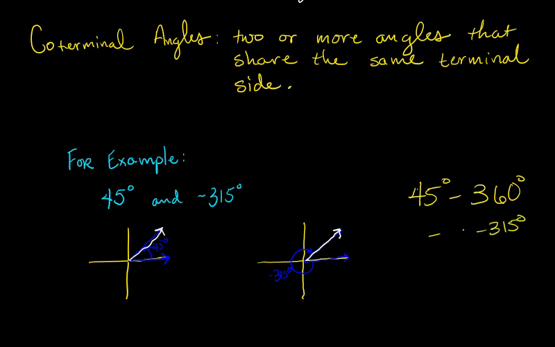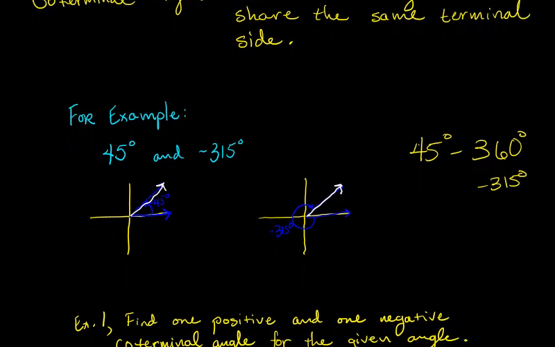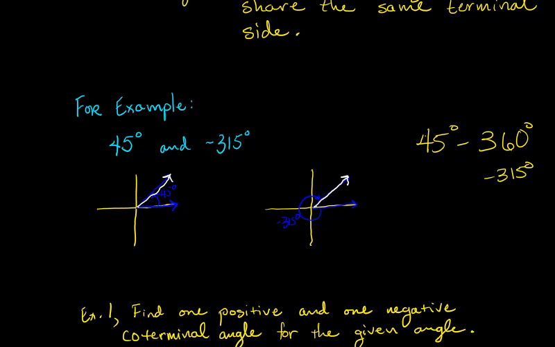So the way that we find coterminal angles is we either add or subtract full revolutions. I didn't do 360 minus 45, because that would have been positive 315. I did 45 minus 360. So you always want to do the angle that you're given plus or minus full revolutions.